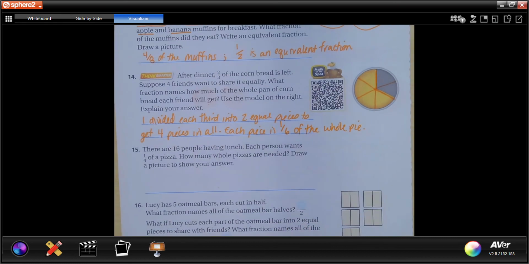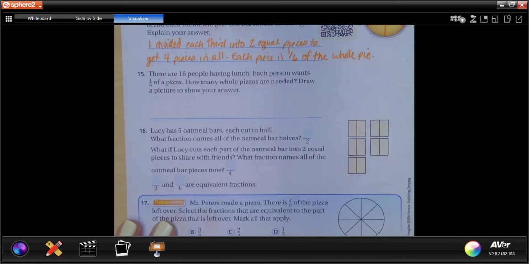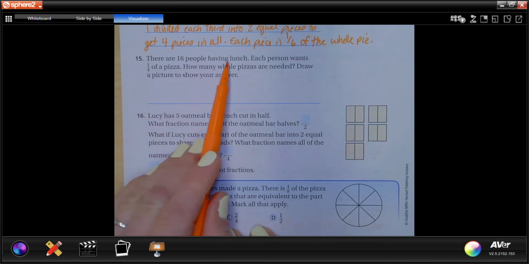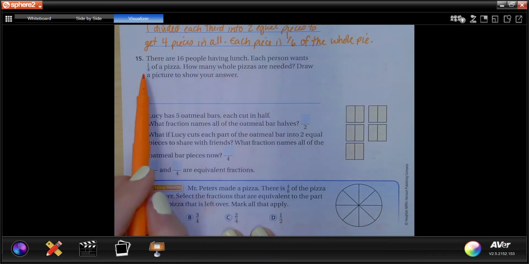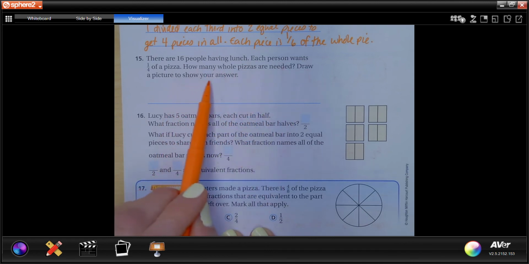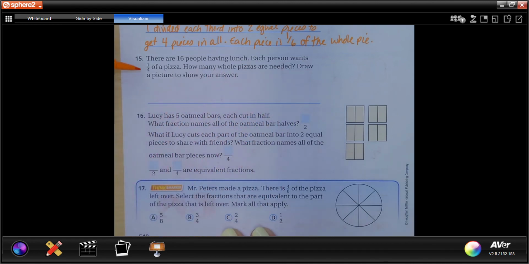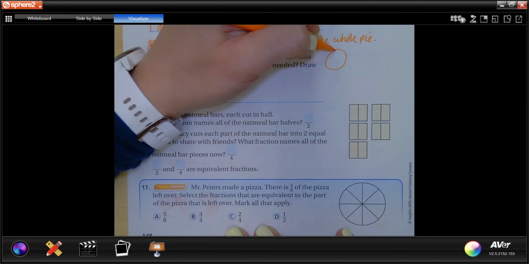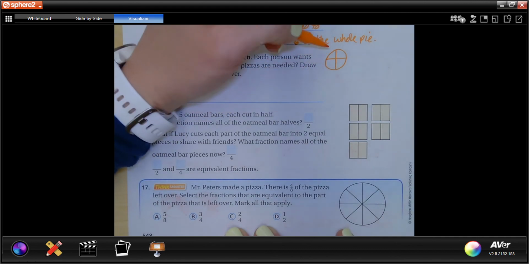You can pause it if you need to write. We have 3 more left. Number 15. There are 16 people having lunch. Each person wants 1/4 of a pizza. How many whole pizzas are needed? Draw a picture to show your answer. Well, if we know each pizza has to have 4 pieces, then we will cut a pizza into fourths.